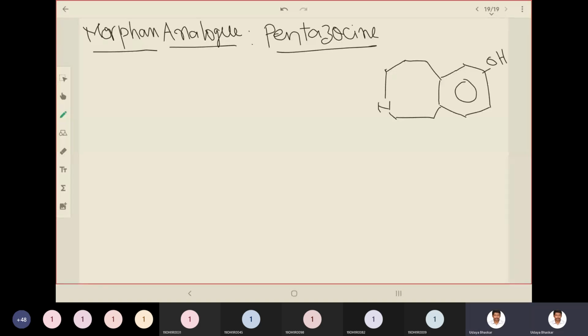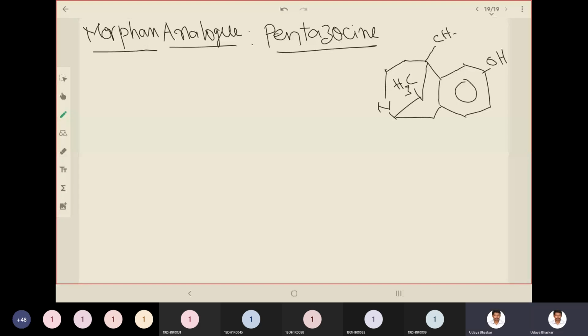Observe it, to this carbon and this. And here you have one methyl group, and here you have one methyl.